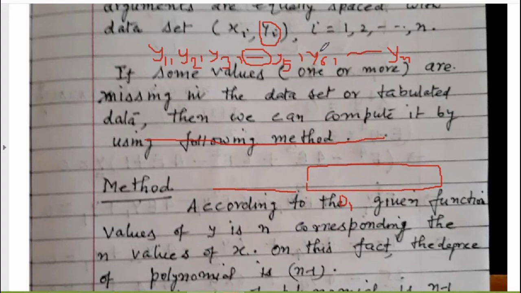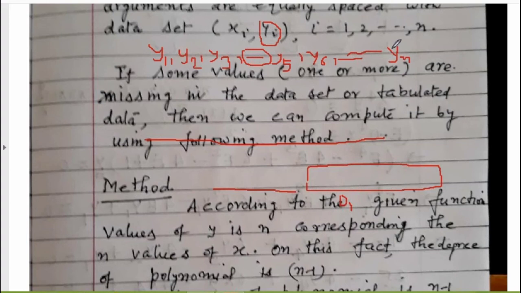If one value is not given, then how many values are given? n minus 1 values of the function are given. Suppose y7 is also missing here, then how many values are given? We are given n minus 2 values, so 2 values are missing.